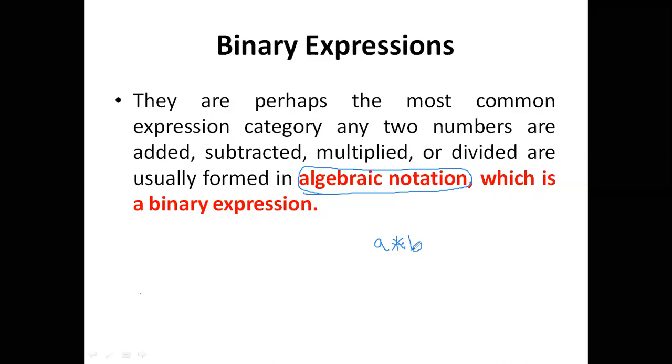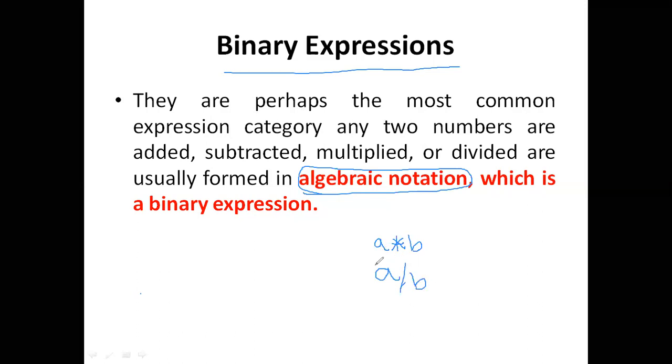In between two operands we have one operator, and this type of expression we call a binary expression. Suppose A divided by B: A and B are operands, and the operator is division.